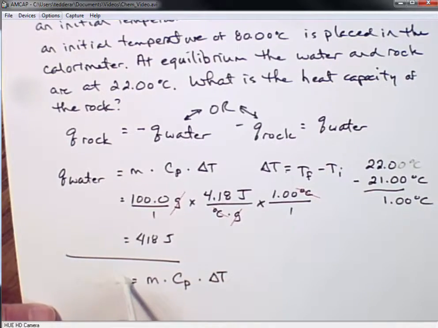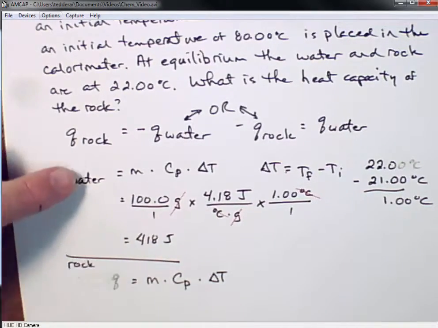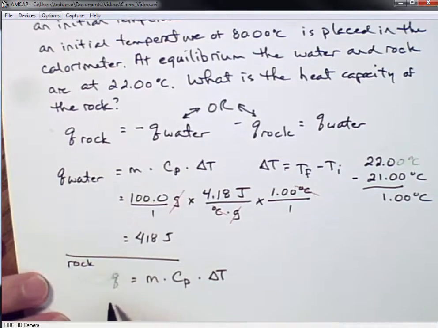We're going to put that negative 418 joules in there. But this is the Q for the rock. So we're going to keep everything nice and neat. And this is our energy change for the rock. And we just know from what we calculated for the water is the negative sign.